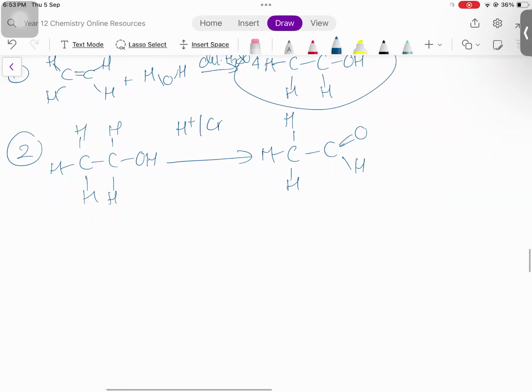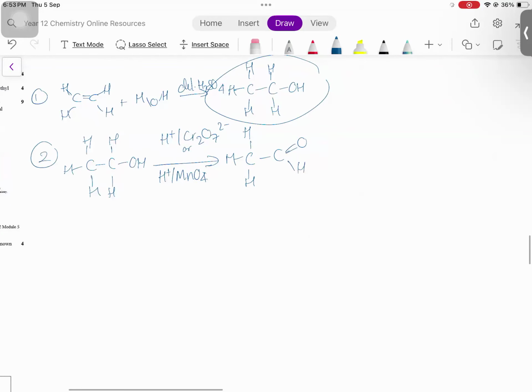So you can either do acidified dichromate, Cr2O7 2-, or if you want, you can do acidified permanganate. You don't need to write both, just choose one to go above the arrow. Dichromate is the one. And then same thing now just with your carboxylic acid functional group.